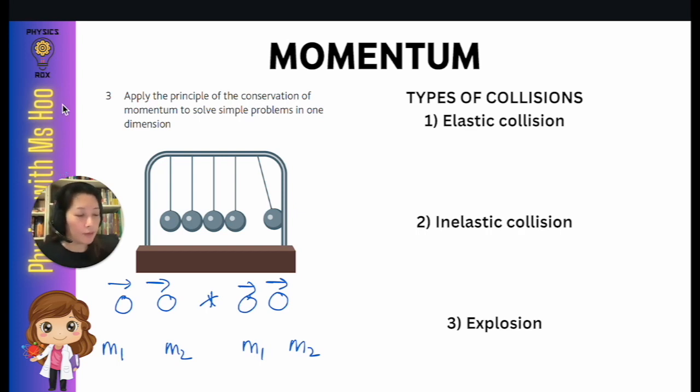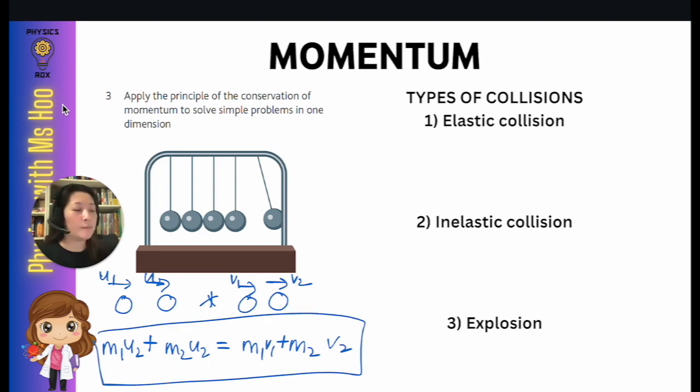So this could be u1 and u2. So I'm going to put here m1 u1, m2 u2. The final velocities could change. So let's put it as v1 and v2. So the conservation of momentum states that the total momentum before collision is equal to the total momentum after collision. So this is the general formula for the principle of conservation of momentum.